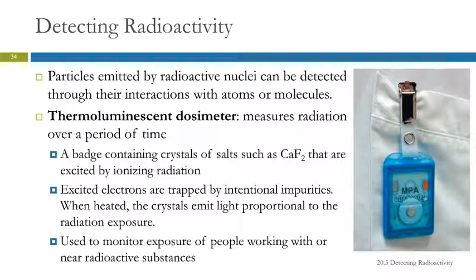And then when you heat this, those impurities will release as light the energy that they received from those electrons. So the amount of light, how much it glows when it's heated, is related to the amount of radiation that the badge has been exposed to.